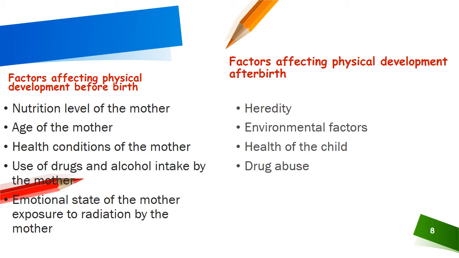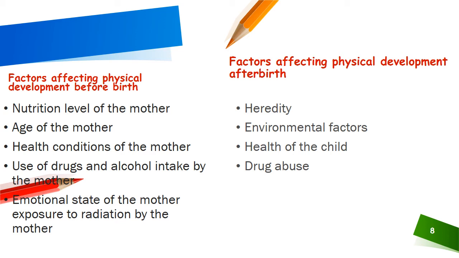Okay, a woman that is depressed, every time she's depressed, thinking about something, this can affect the development of the fetus in the womb. And then the last one is exposure to radiation. A mother who is exposed to radiation because of the rays, okay, this can affect the physical development of the child in the womb.